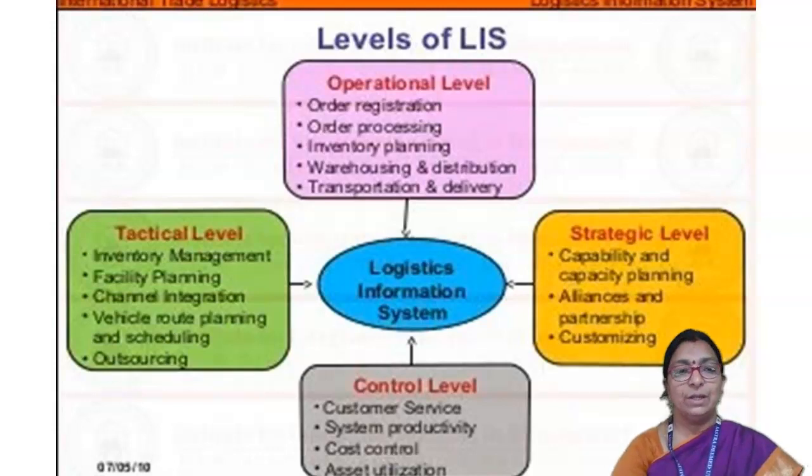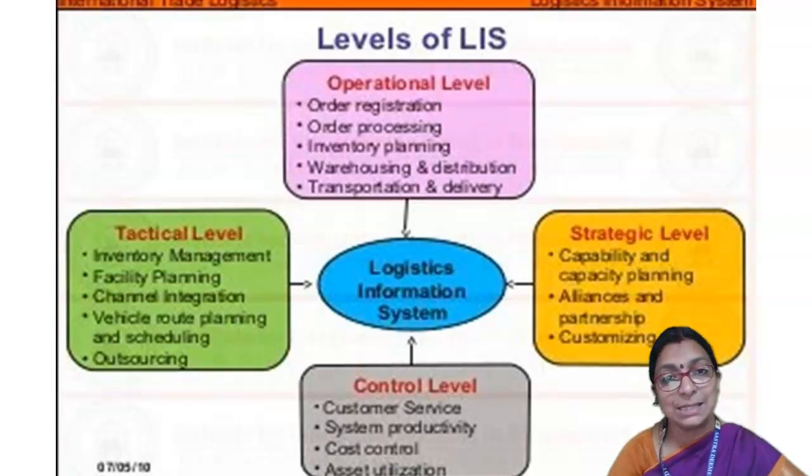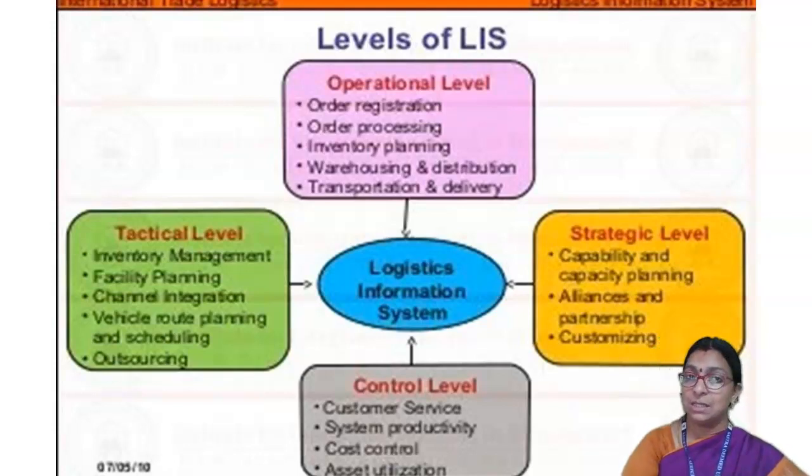So what are the various areas where the cost level, control level components are required under our logistics information system? In the context of asset management, that is the first component. Asset management is an area wherein our logistics information system helps in evaluating a particular asset investment against a return on payback period.